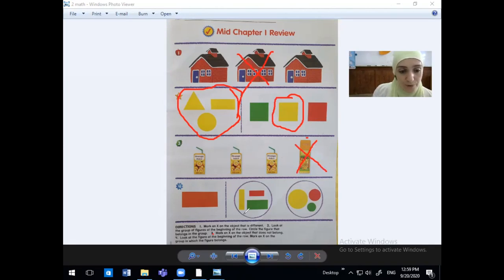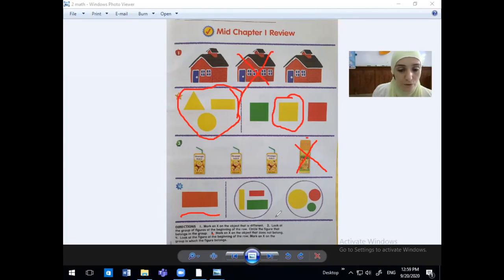And number 4, the last line, look at the figure at the beginning of the row. So this is the beginning of the row. Mark an X on the group in which the figure belongs. So this figure, red rectangle, long red rectangle, in which group of figures you can find this rectangle?